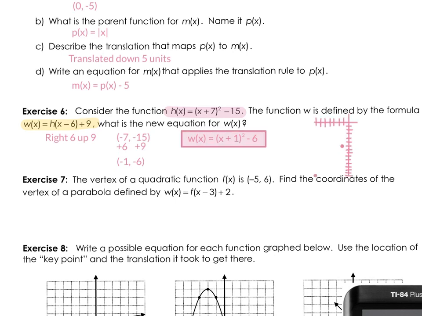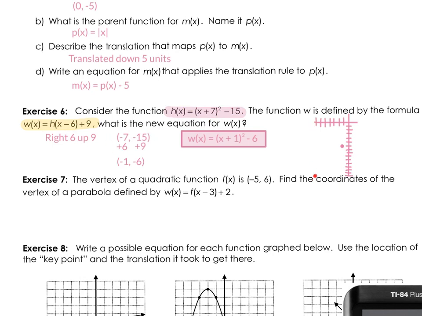Now, I did sketch it off to the side. Again, I think this was harder for me, but for some, the visual might really help. So I did sketch off the original: h of x equals (x + 7) squared minus 15, which we can get either by looking at the table or using the opposite and same side rule. So I knew that it was at (-7, -15).